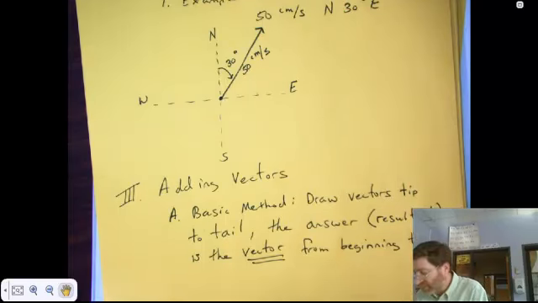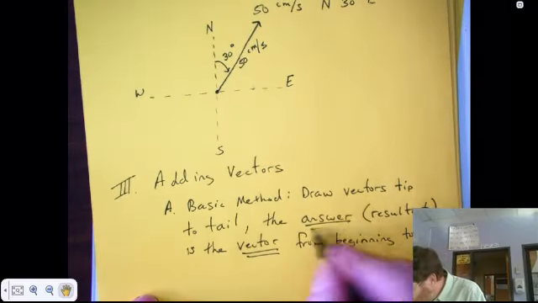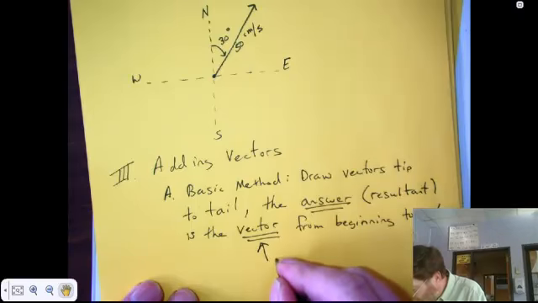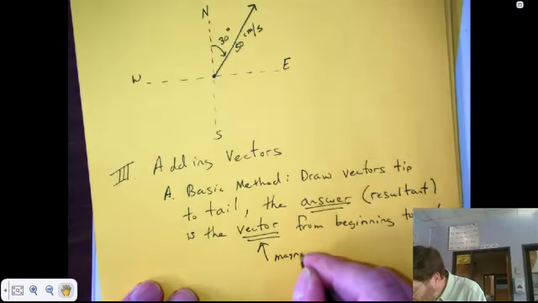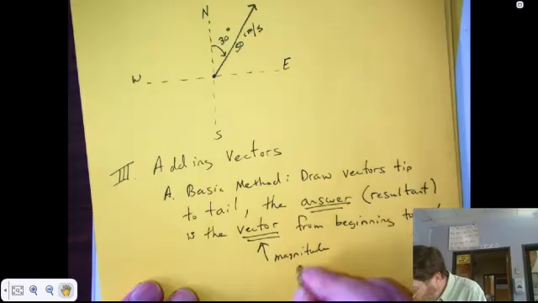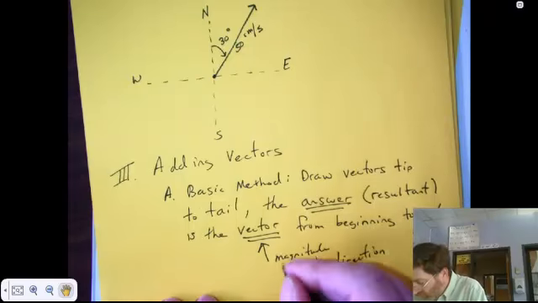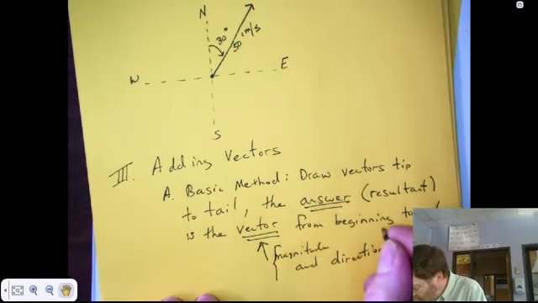So that means since the resultant, the answer, is a vector, your answers will always have both a magnitude, an amount, and a direction. Okay, so your answers will always be vectors.